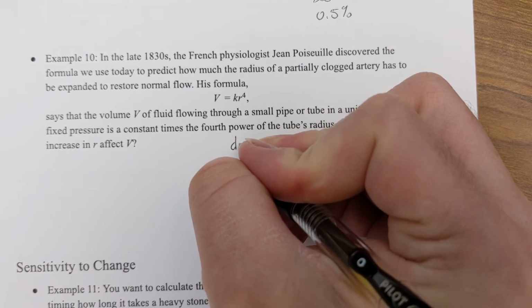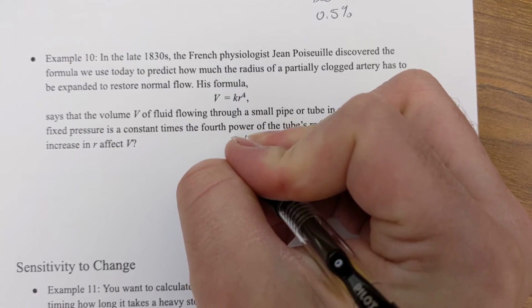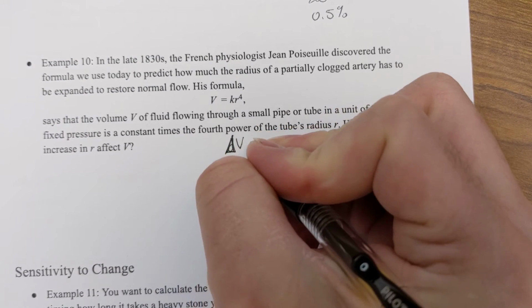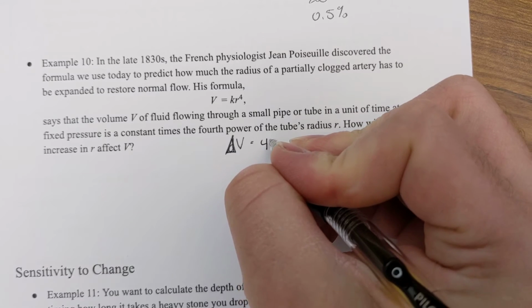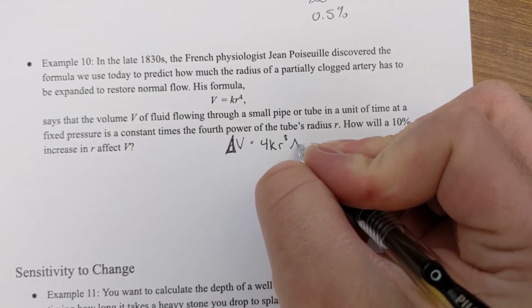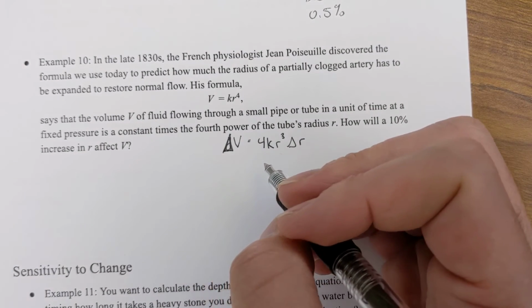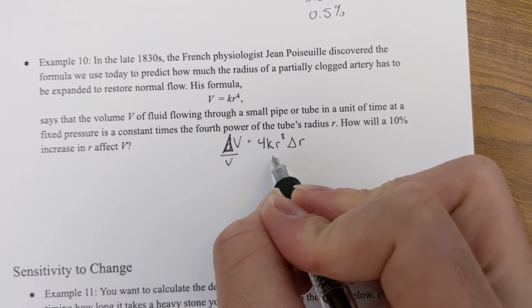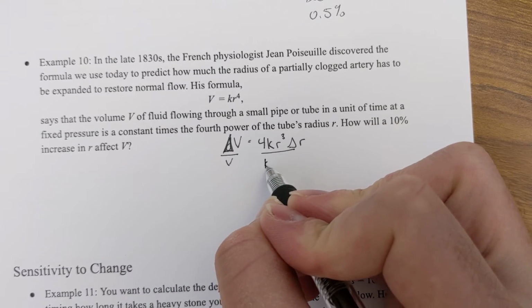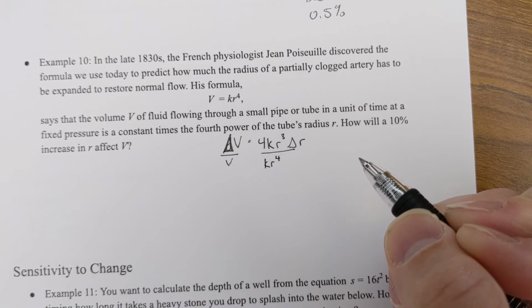So we know that delta V is equal to 4 K R cubed delta R, because that is the change. So the relative change is we would divide it by the original equation, K R to the 4th.